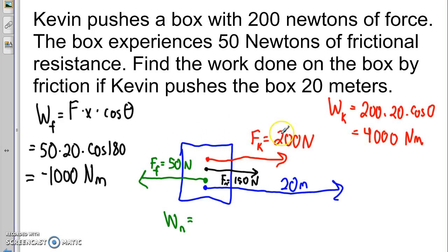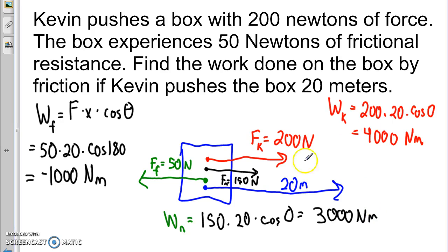This one is in the negative direction, that's positive, so you get 150. So if you want to find the net work, you could do 150 times 20 times cosine of the angle between them. The angle between our displacement vector and our net force is 0 because there's no angle there. Then you multiply those, and you should get 3,000 Newton meters.